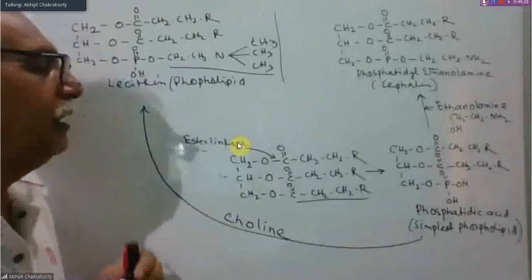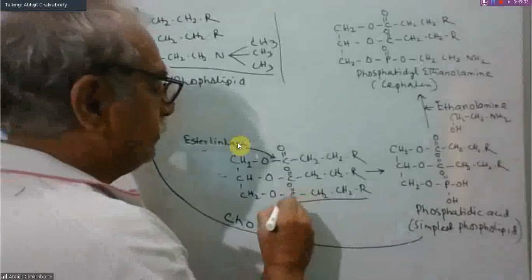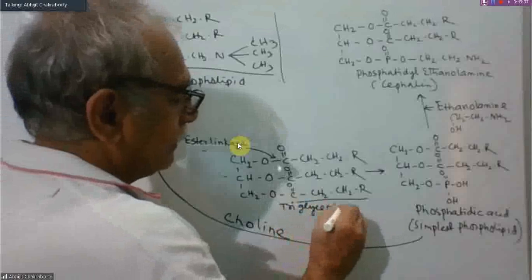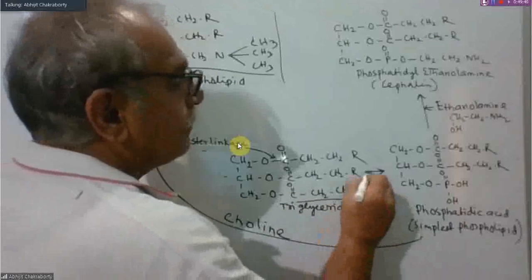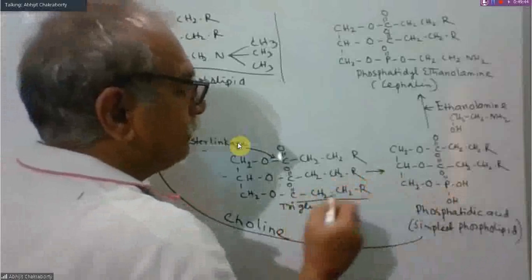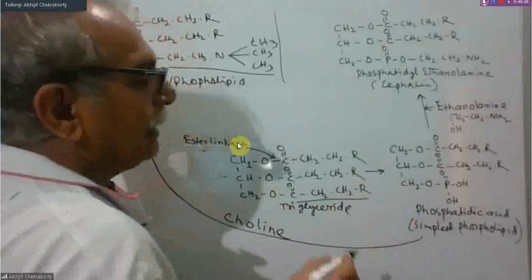Just look here how to form phospholipid. This is the triglyceride. This is the simplest phospholipid where one fatty acid is replaced by a phosphate group, then it is called phosphatidic acid.